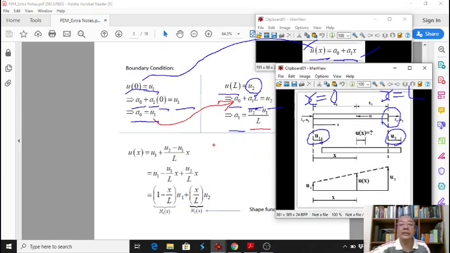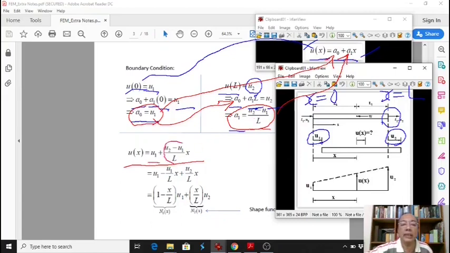Okay, so we substitute the parameters A0 and A1 back into this equation. A0 is U1, and U1 plus A1 times x.